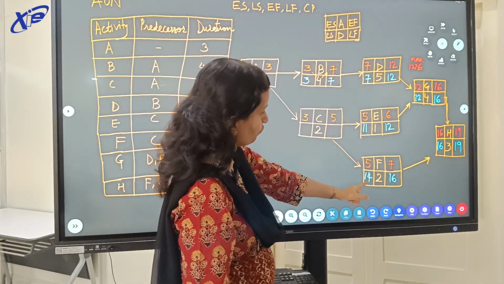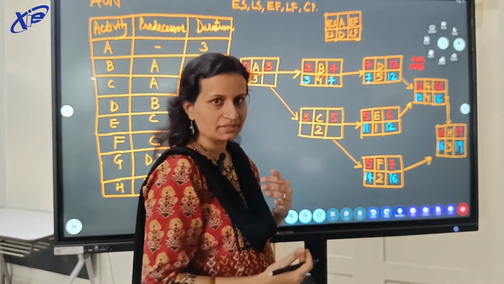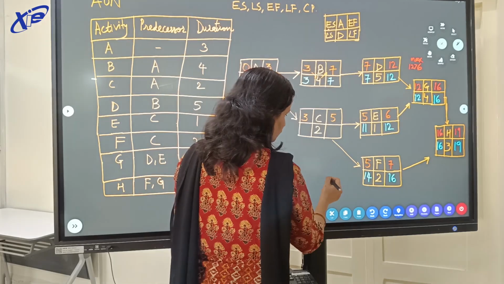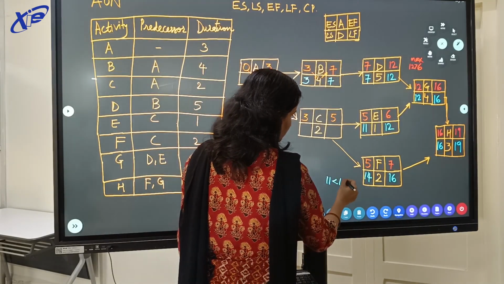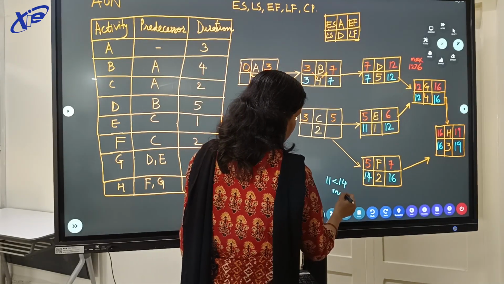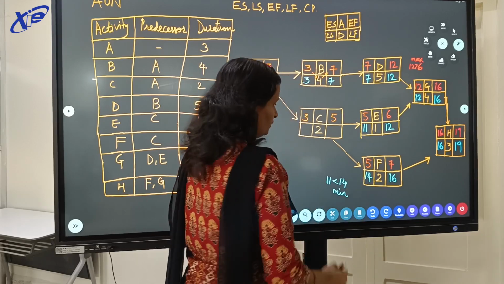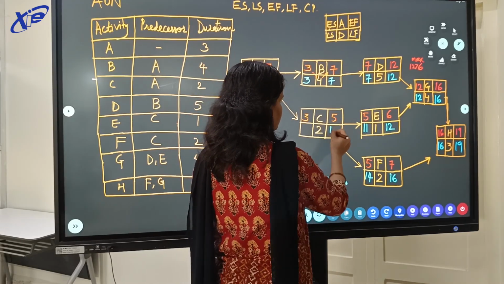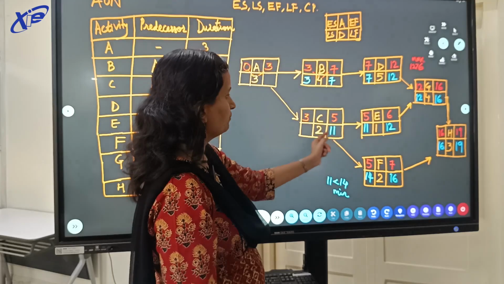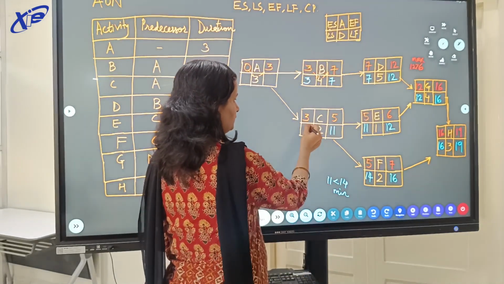For 11 and 14, during the backward pass, you select the minimum. So 11 is less than 14, and we consider 11. 11 minus 2 is 9.